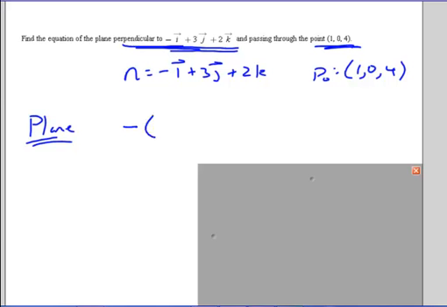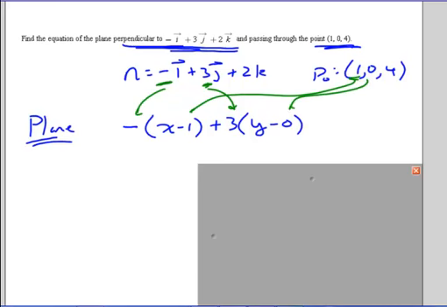We get negative x minus 1 plus 3 y minus 0. So just to be sure, the negative, the 3, the 1, the 0, plus 2 z minus 4, and this has to equal 0. And if we were to simplify this, we get negative x plus 1 plus 3y plus 2z minus 8 equals 0.